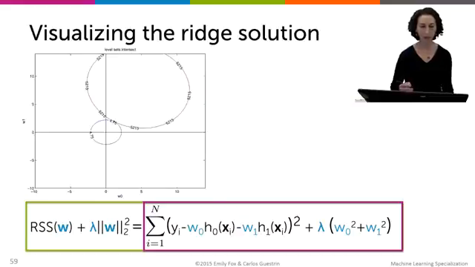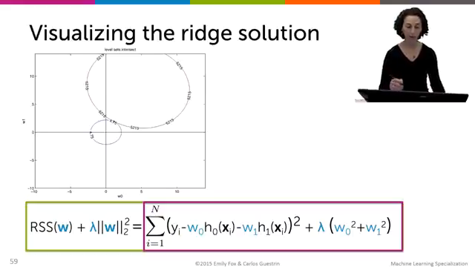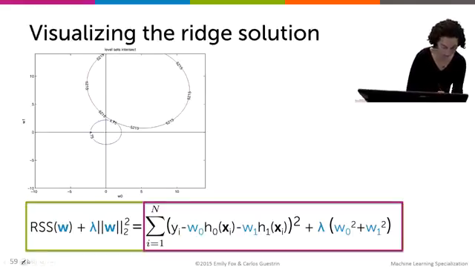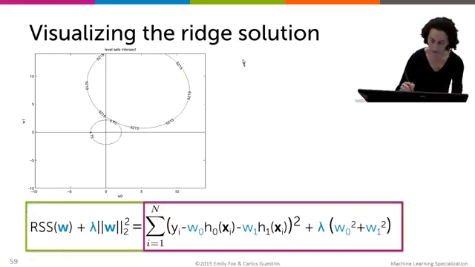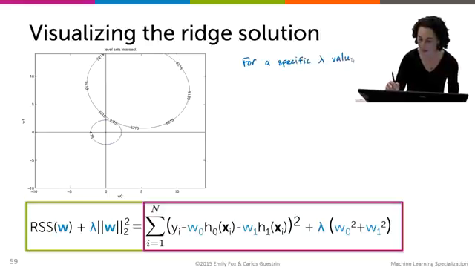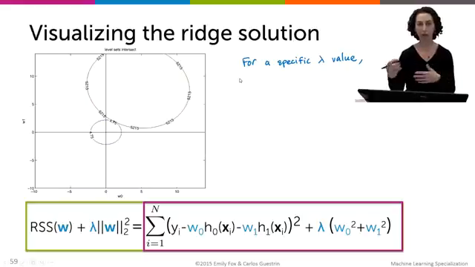Okay, well now let's talk about what the solution looks like for a given value of lambda. Oops, sorry, let me turn the pen on. So for a specific lambda value, we have some balance between residual sum of squares and the magnitude of our coefficients.